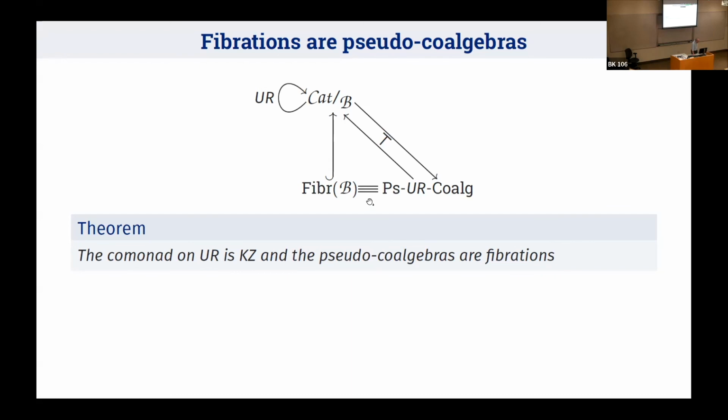And he proved that the pseudo-coalgebras are precisely the fibrations over B. And then we weren't quite certain that the result could be correct, so we checked with Thomas Streicher, who wrote a very nice collection of notes on fibrations, which are available online, and he confirmed that he was not aware of that result and that it looked correct.